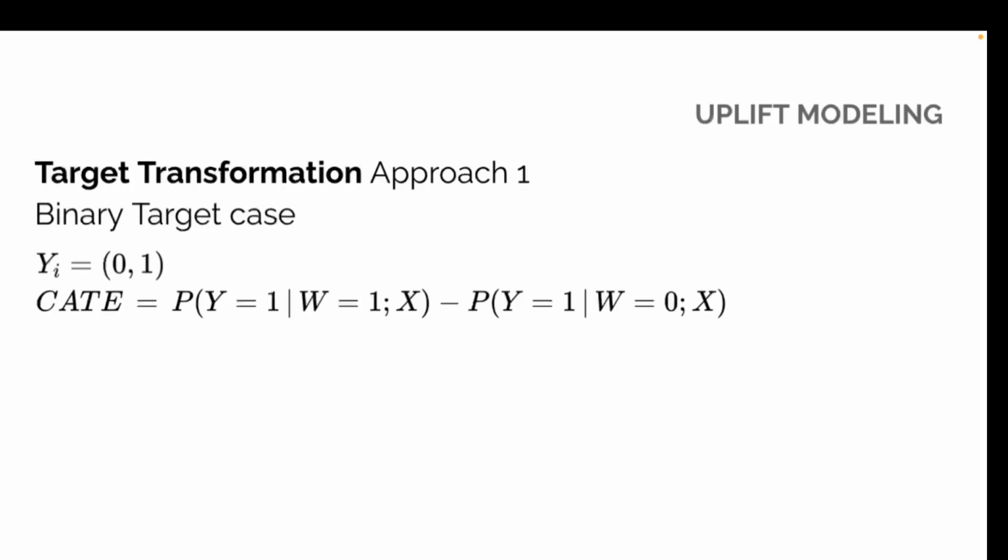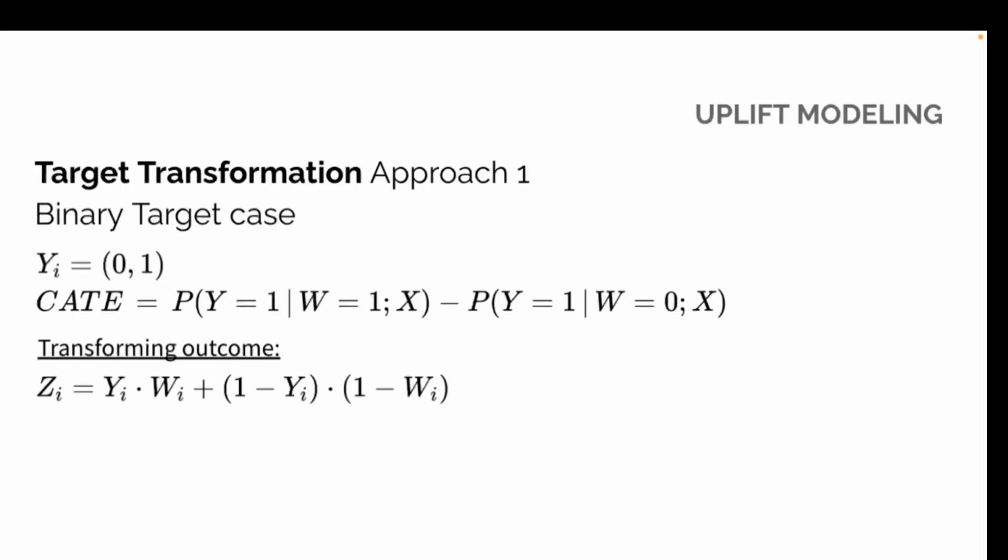If we do the binary classification, then the definition of CATE is this formula. I think it makes sense, right? Probability of success for the treatment group and the same probability for the control group, and the difference between them would be the treatment effect.